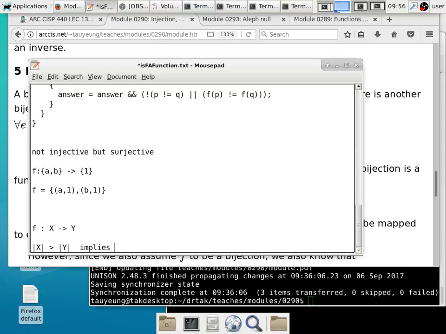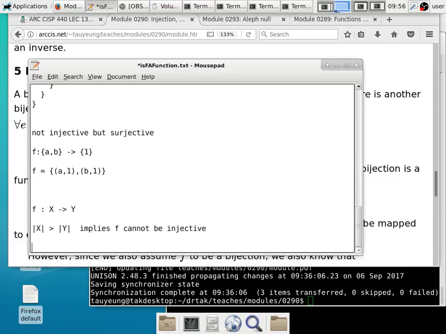What is not going to be possible anymore? Bijection. Well, bijection is not possible, but bijection is the conjunction of injection and surjection. So if you break it down to injection and surjection, which one is not possible anymore? Injection is not possible anymore because you have more elements in the domain than you have elements in the codomain. So that implies f cannot be injective. It can still be surjective, but injectiveness-wise, it is not possible anymore.